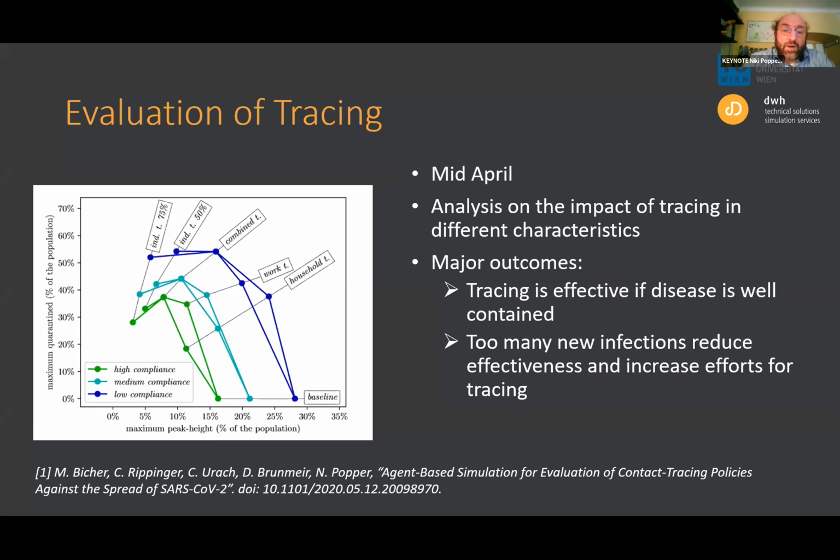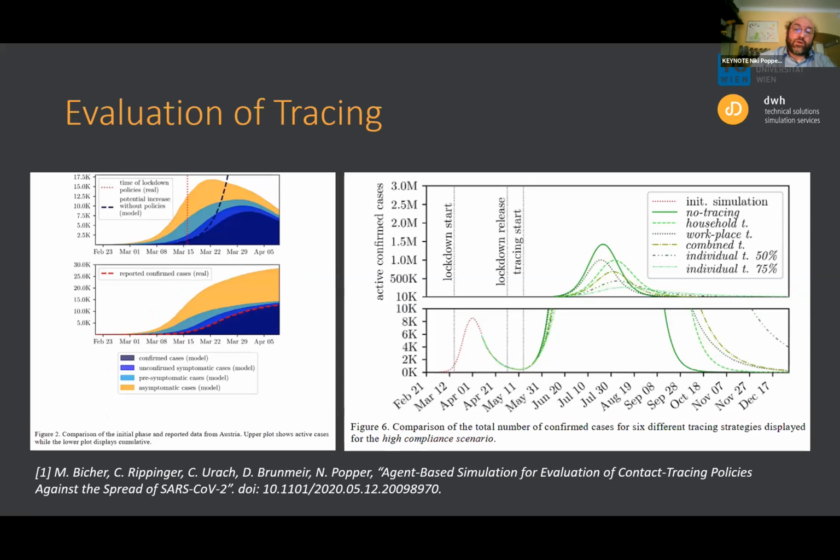That's not so surprising, but unfortunately we had the results that we had now in September and October here in Austria: the problem that resources, and digital resources also, for the tracing came to an end. We made this analysis and it's also in review at the moment, where we compared various approaches for tracing accuracy.